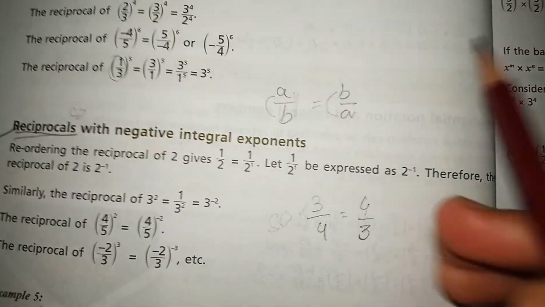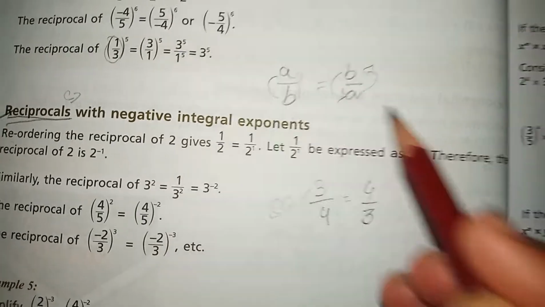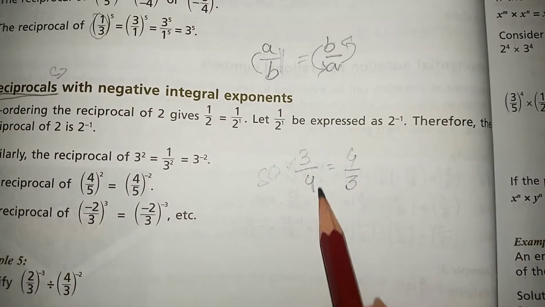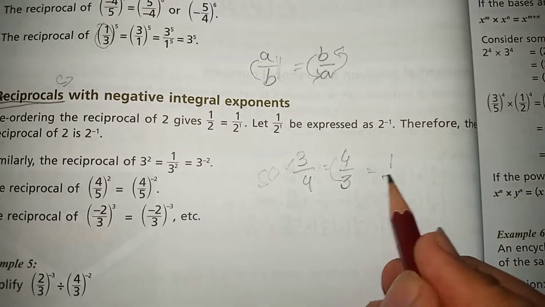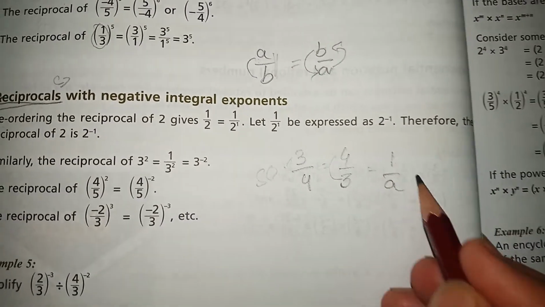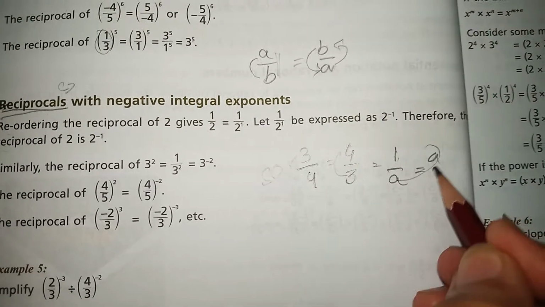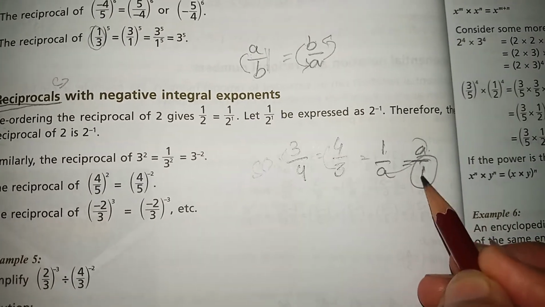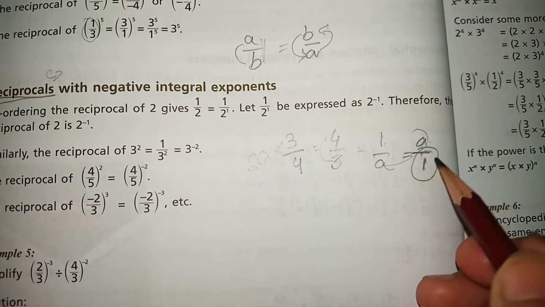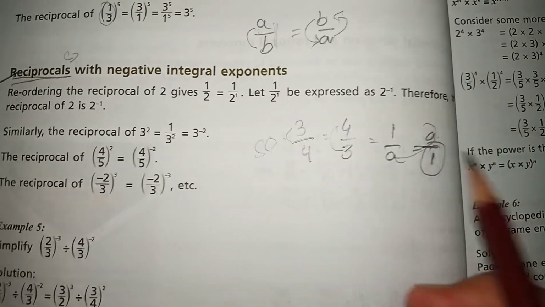If it is written as 3 by 4, you can reverse it as 4 by 3. To find the reciprocal of 1 over a, we write it as a over 1, or only a, because if 1 is in the denominator it has no value.